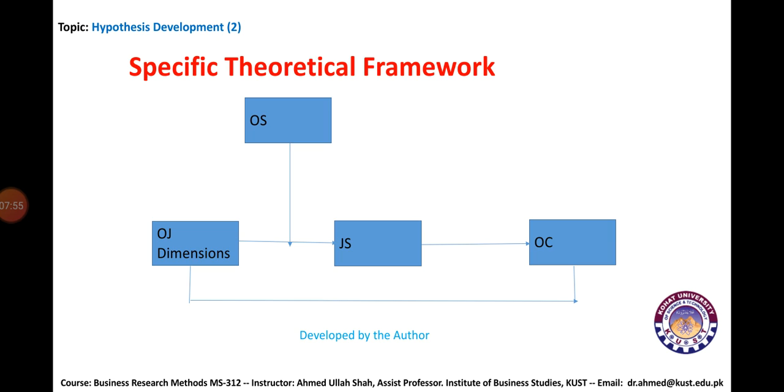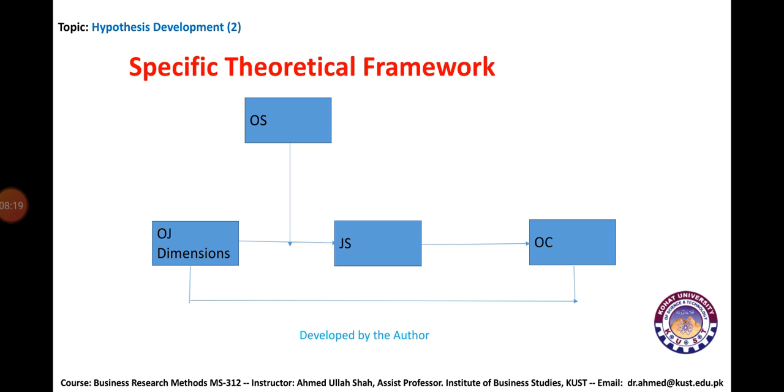Now, if we have a specific theoretical framework, a well-defined theory or a well-defined model, how can we develop hypotheses on the basis of it? As discussed earlier, for a theoretical framework we should have two things, a model and a theory.